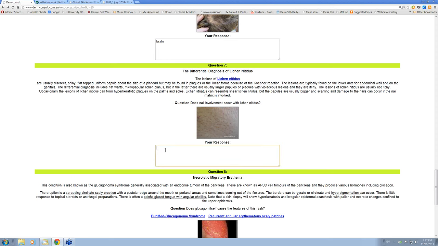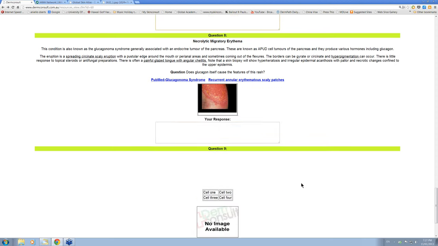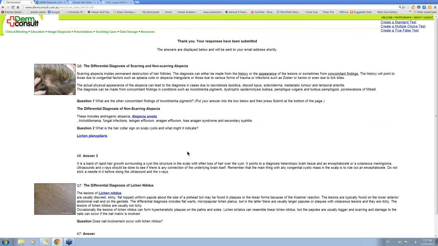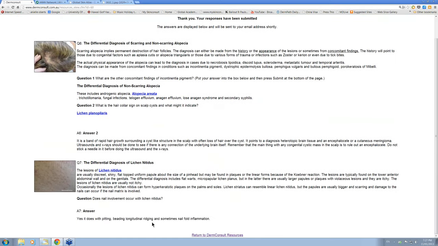I've never seen it, let's say no. Let's see what it says. Yes, it does. Oh, great. Sometimes with pitting, beading, longitudinal ridging, and sometimes nail fold inflammation, so you can get involvement of the nail fold as well, and pitting.